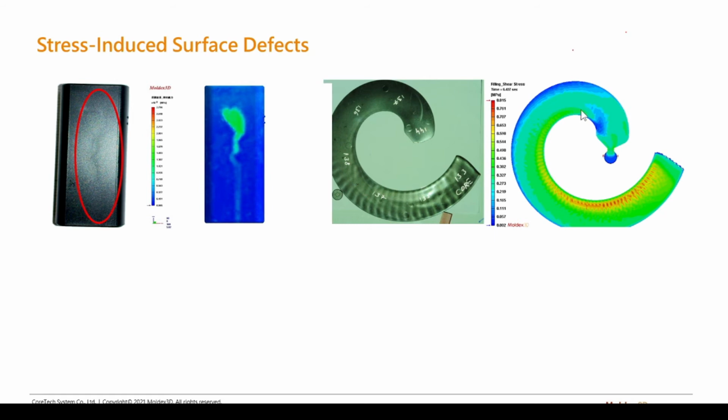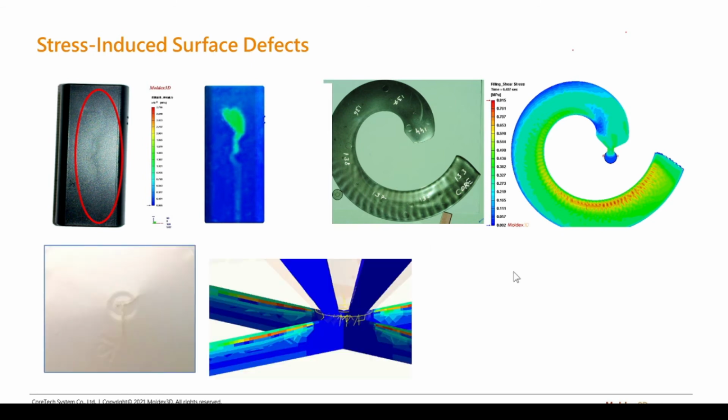So the melt front will go, stop, go, stop, go, stop. Because the shear rate is a gradient of the velocity, as the velocity changes, we get a high amount of shear rate in the part at different stages. And that's what we're seeing here. There's a bunch of stripes that occur throughout the part as the melt front stalls out and begins flowing again.